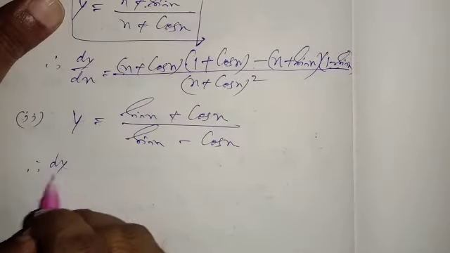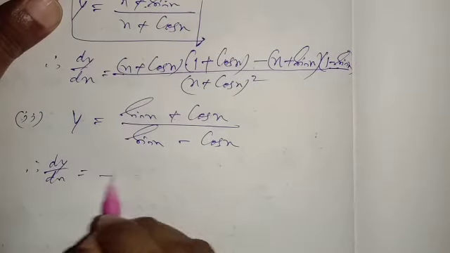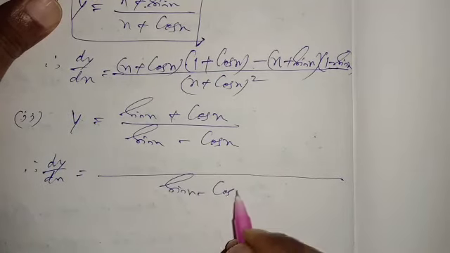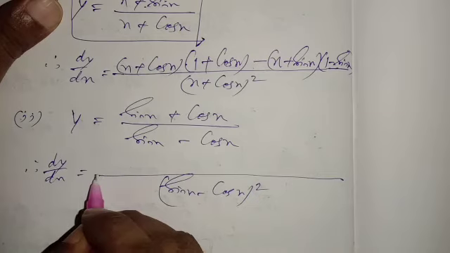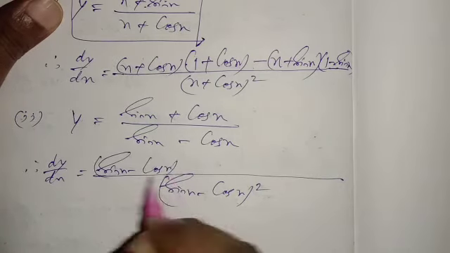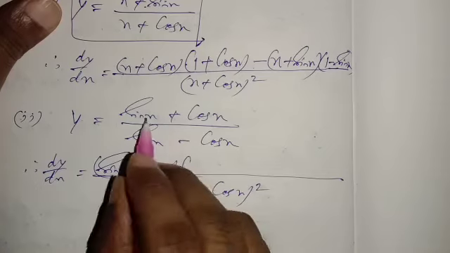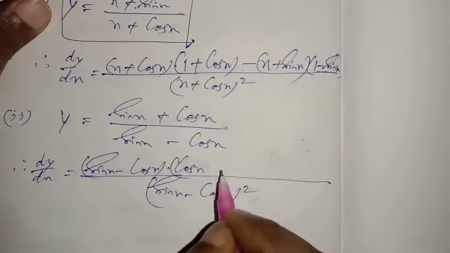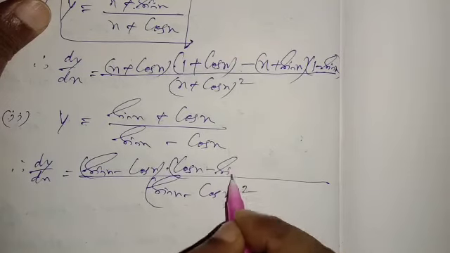Therefore, dy/dx is equal to, your formula is what? v square, that is (sin x minus cos x) whole square, then v, that is (sin x minus cos x), into the derivative of u. What is the derivative of u? The derivative of sin x is cos x, and the derivative of cos x is minus sin x, so cos x minus sin x.